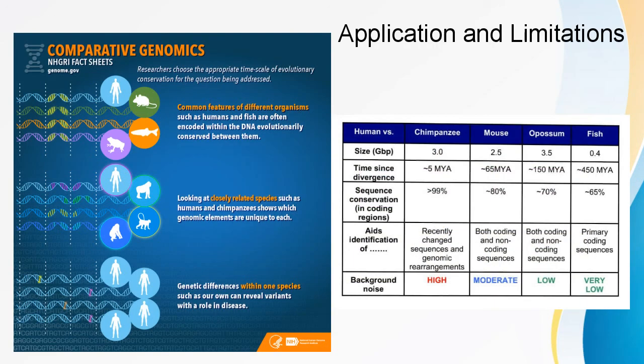So the application of comparative genomics is the comparative analysis of genomes to locate genes and the regulatory regions present in the genome. After comparative analysis of genomes we can easily yield an evolutionary tree or phylogenetic tree to plot the relatedness between two different species.